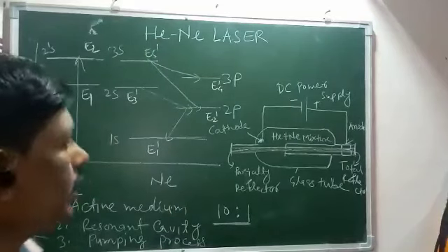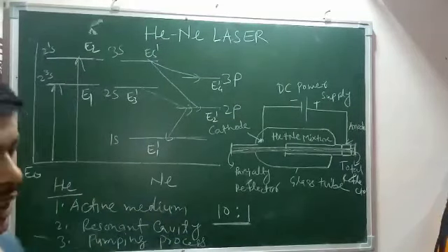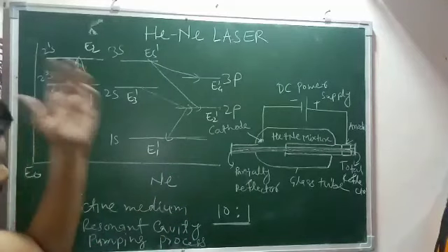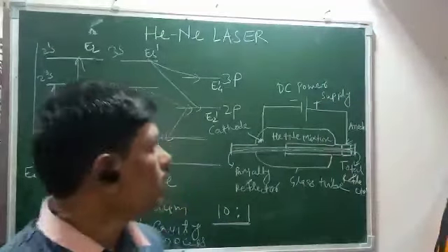Now each energy level of the helium neon laser can be named E0, E1, E2, E1 prime to E5 prime, and so on.